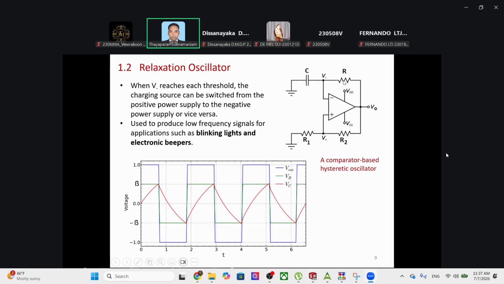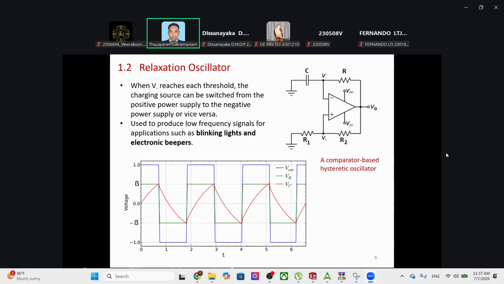Because we can connect only one resistance. Any modification done here applies to both charging and discharging. Therefore, the charging time constant and discharging time constant are going to be the same. How can you change it?